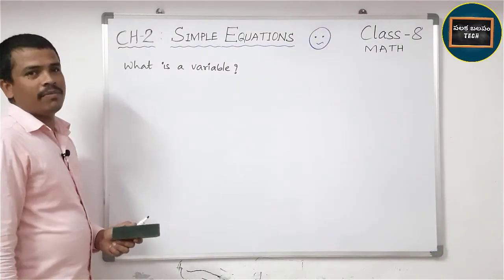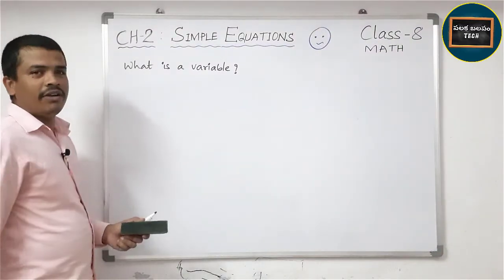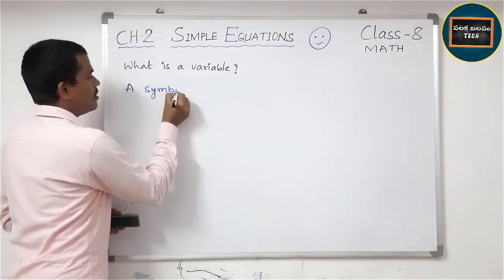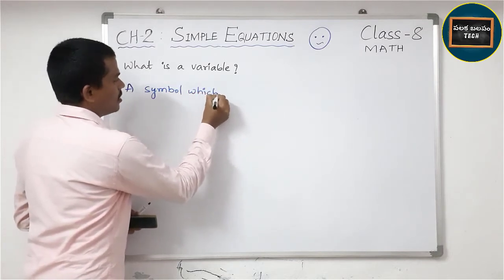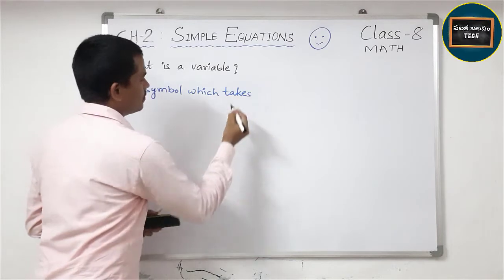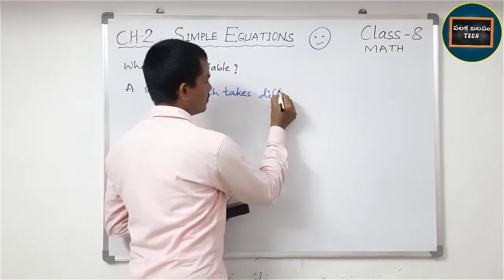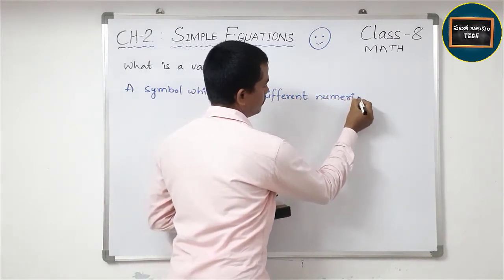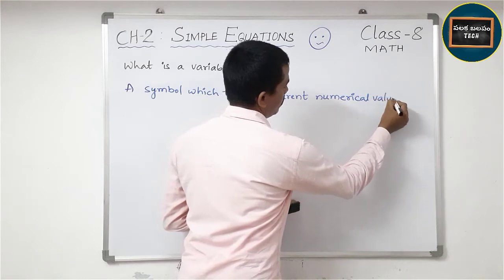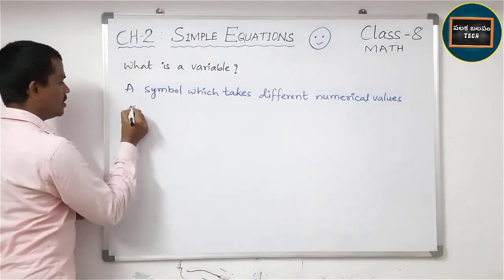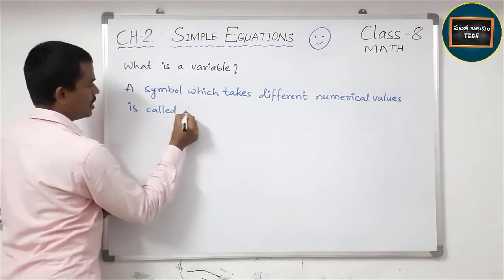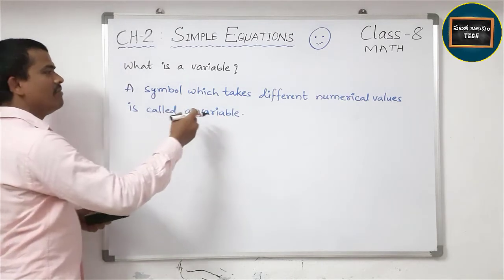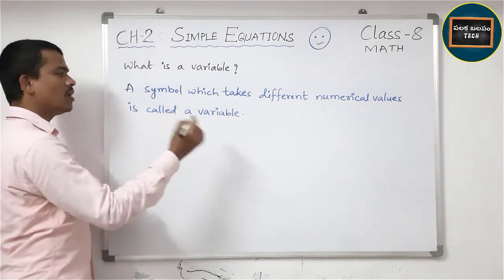What is a variable? So how we can define a variable? A symbol which takes different numerical values is called a variable.